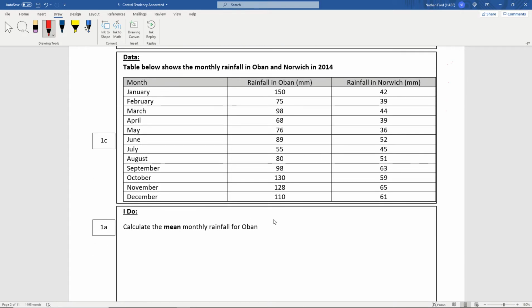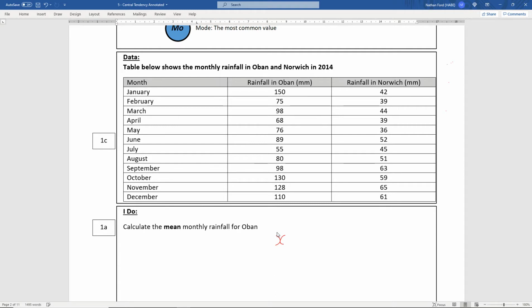So the mean will be divided by 12. All we have to do is add up all of the values, and then we divide it by 12 because that's how many values there are.